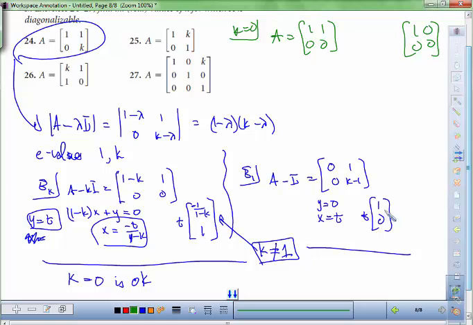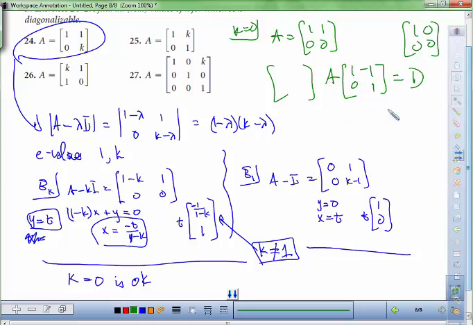And then if we work this out, your matrix P would be, the first column would be 1, 0, and the second column, if k was equal to 0, would be negative 1, 1, which should be invertible, right?